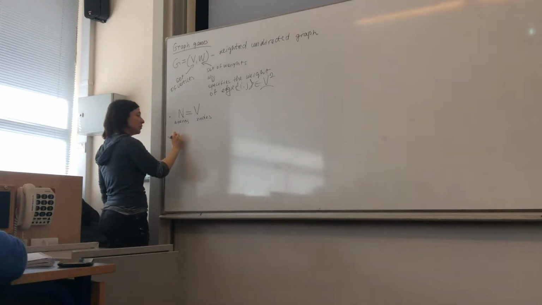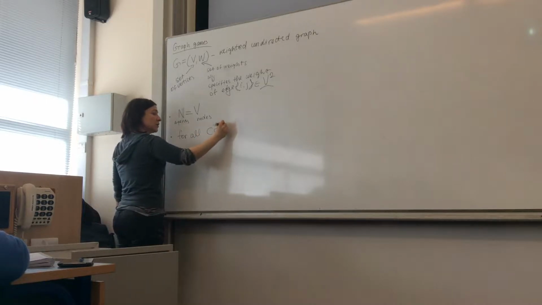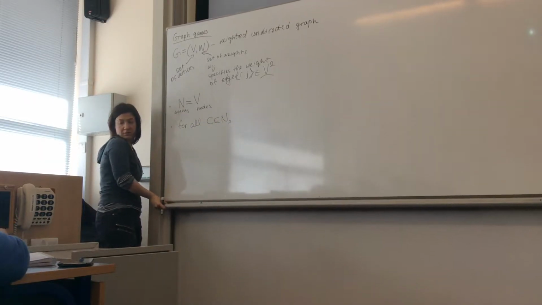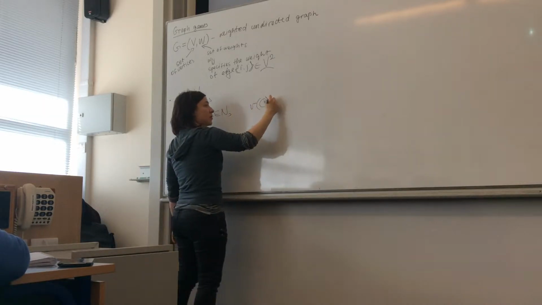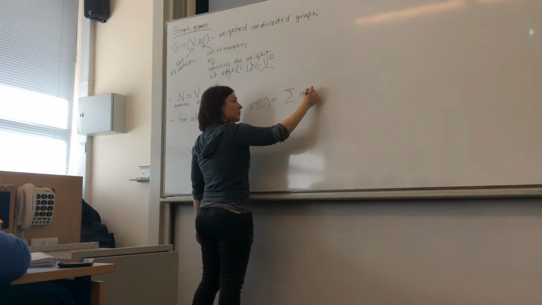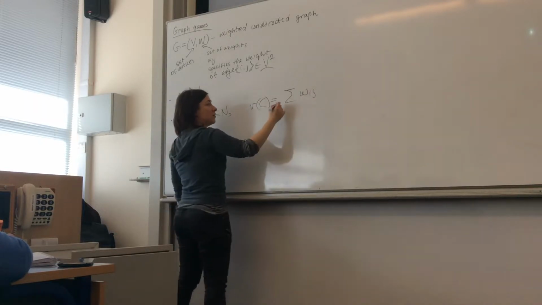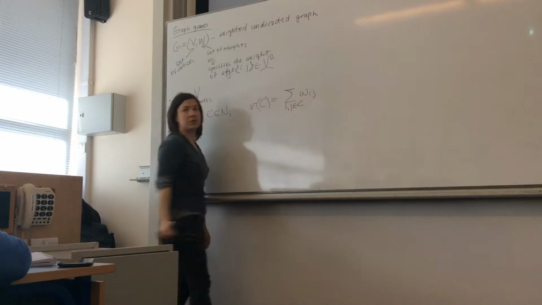So for all coalitions C, the value of C would be the sum of w_ij over i, j belonging to C.